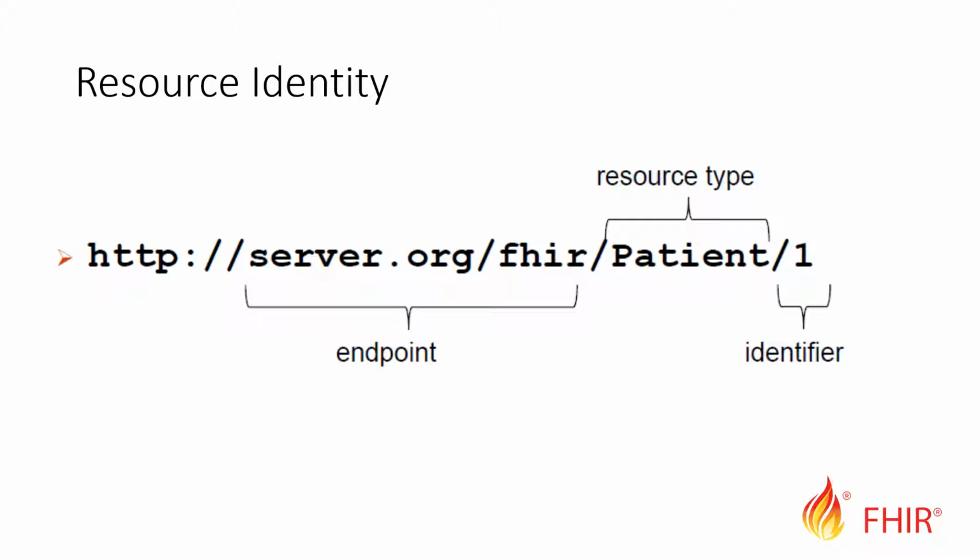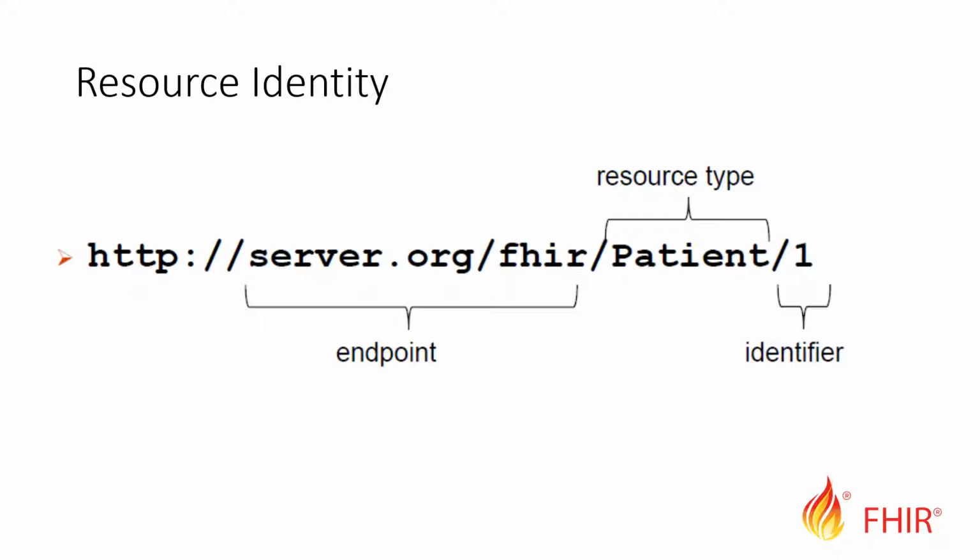So far we talked about what FHIR is, what a REST protocol is, and then a brief overview of what resources mean in the context of FHIR. Now we look at how a FHIR resource is addressed. As we looked at patient as an example, if you want to look at the patient record, this is the endpoint. The FHIR server is the endpoint which is hosting this patient resource.